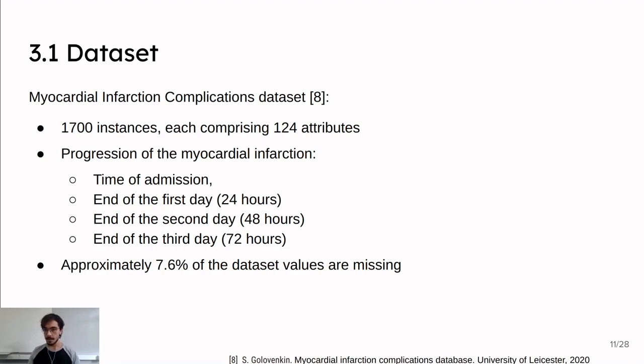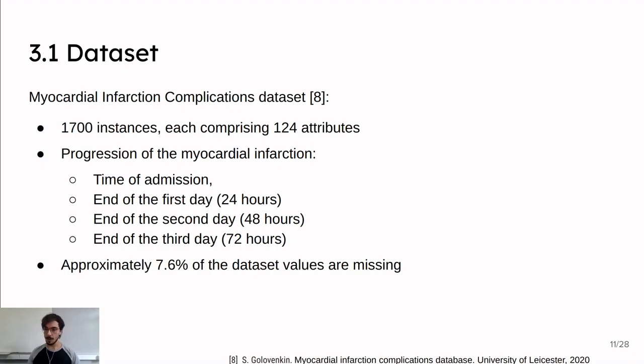This dataset includes patient-specific information and data points at different time intervals, allowing tracking of disease progression over 24, 48, and 72 hours.